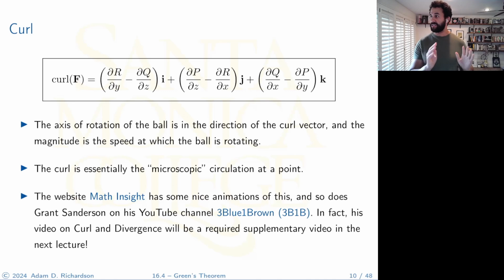So when I do the lecture for 16.5, there will be a point where I say, pause this video and go watch his video, because the animations he has in those videos are just perfect. They give you so much intuition about what divergence is and what curl is that you just have to see it so that you can move forward with the sense-making process that we're going through here.